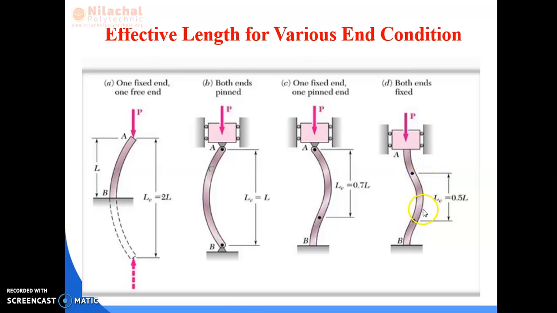Due to this bending we get LE equal to 0.5 L. In this way we have got LE for free end and fixed end as 2L. For both ends pinned it is LE equal to L. One end fixed, other end pinned is 0.7 L, and both ends fixed it is LE equal to 0.5 L.